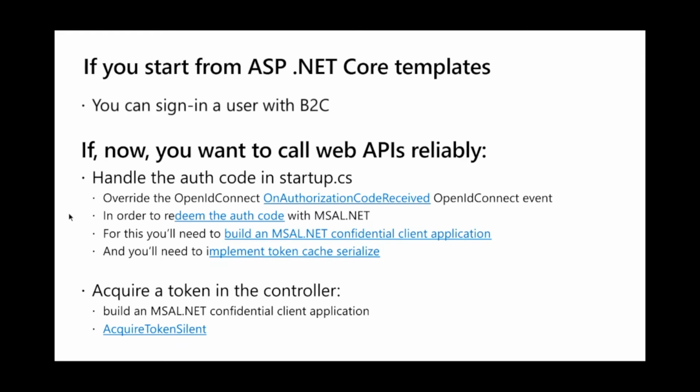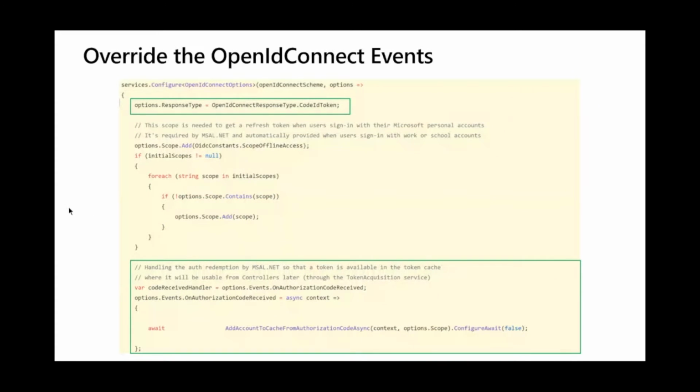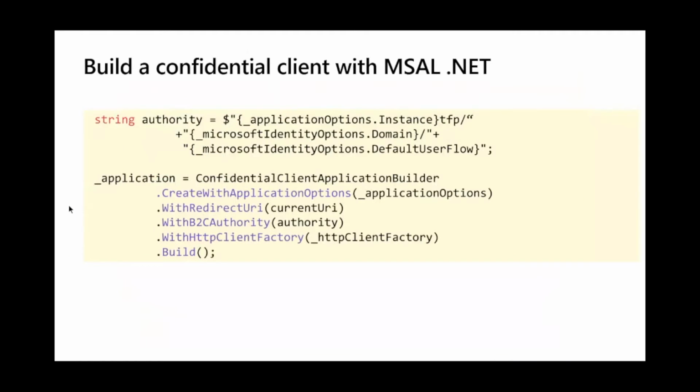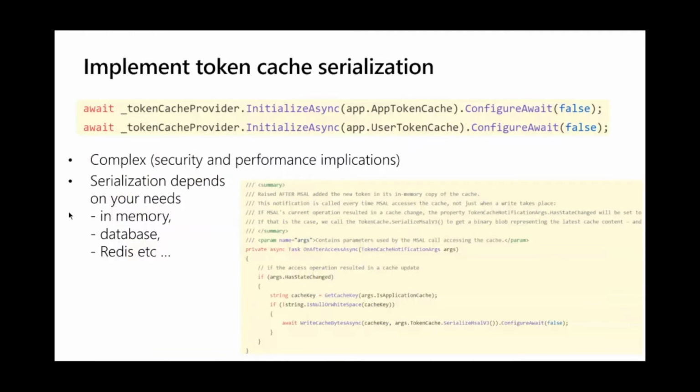So first, I have to handle the auth code in startup.cs. This involves overwriting the OpenID Connect on authorization code received event. Then I would need to use MSAL.NET to create a confidential client application, which I would then use to redeem the auth code for tokens. Next, I'll have to do some token cache serialization, so my web app can use the access token to call the protected resource.